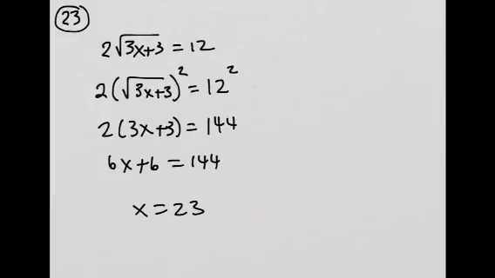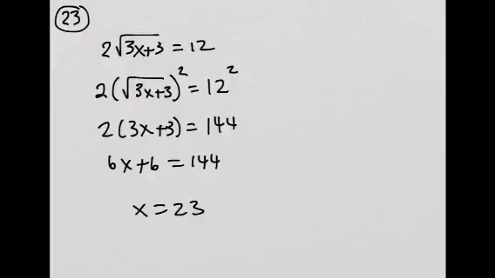Alright, so on number 23, someone completed this problem incorrectly, and our job is to find the mistake and then fix it. So what happened here is when you square both sides, you square 12, and here it is, you square 12. But on the left side, they had to square the whole thing. Not just the radical, but the whole side.